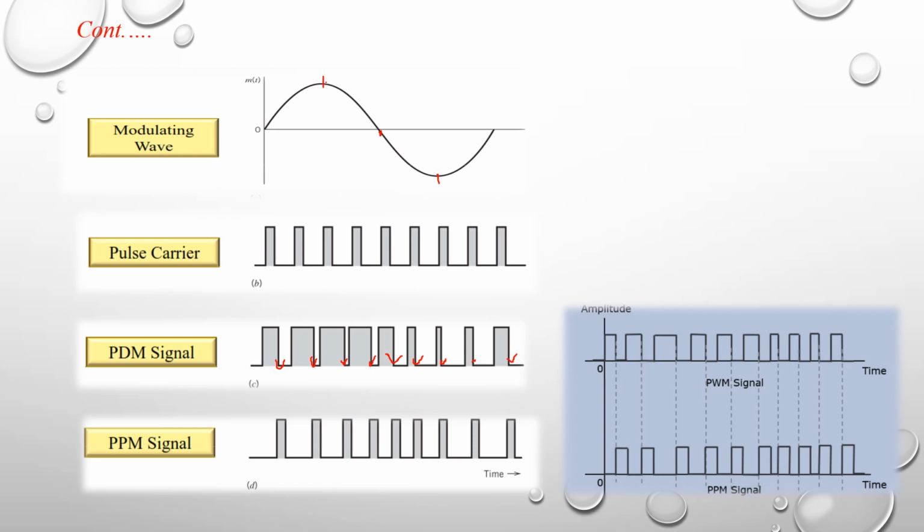So this is the pulse width modulated signal, in which the width of the pulses is varying according to the modulating signal, and this is the pulse position signal. The position of the pulses is varying according to the pulse width modulation. For example, this is the first pulse, and this is the starting point of the PPM, and again this is the second pulse, and this is the starting point of the PPM signal.